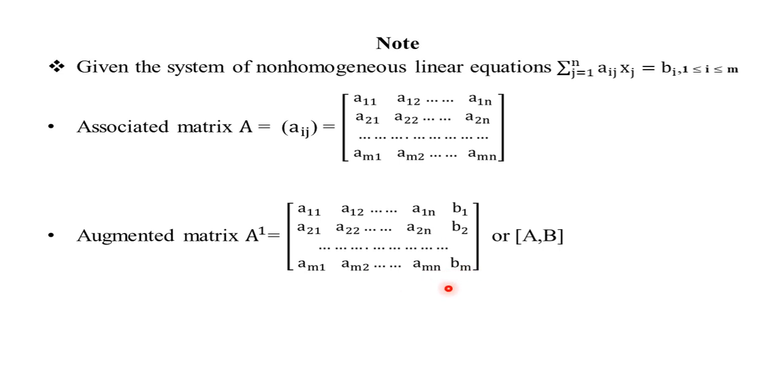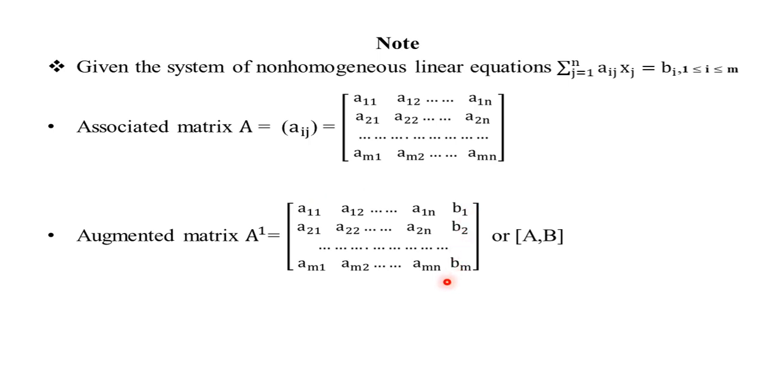Students, this is an m by n plus 1 matrix. Here we note that the first n columns are the same as all the columns of the associated matrix, and the last column is made up of constants b1, b2, etc. bm.